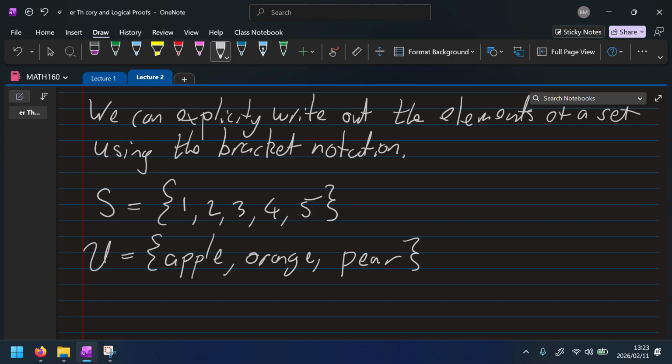In the second set, it has the elements apple, orange, pear. Remember at the beginning, I said a set contains objects, right? It doesn't matter what those things are. In the first case, it contains numbers. Those are the objects. In the second case, it contains fruits. Those are the objects, right? So in general, we say object. If you want to get specific, you need to write out the set to show what it is.